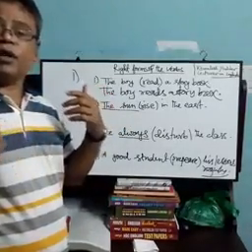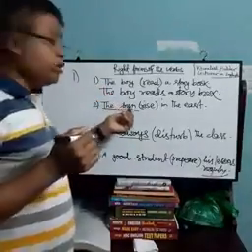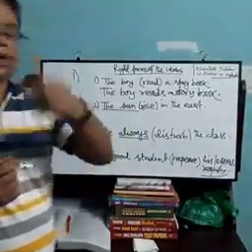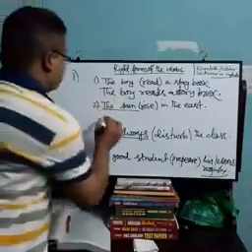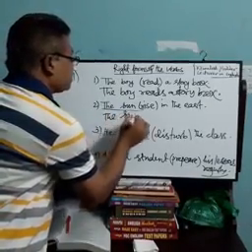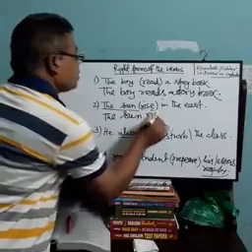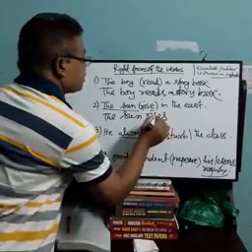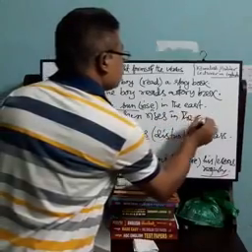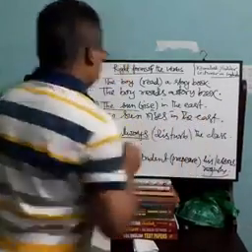It is a habitual truth. These habitual truth sentences are set in present indefinite tense. That is why the sentence will be: the sun rises in the east.